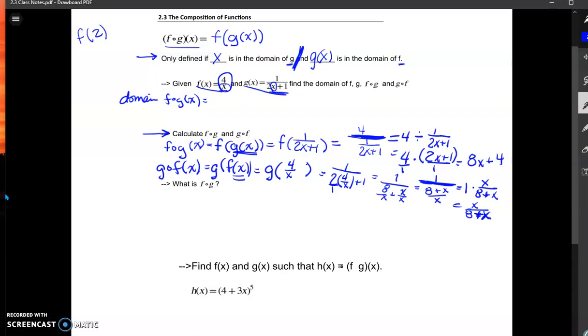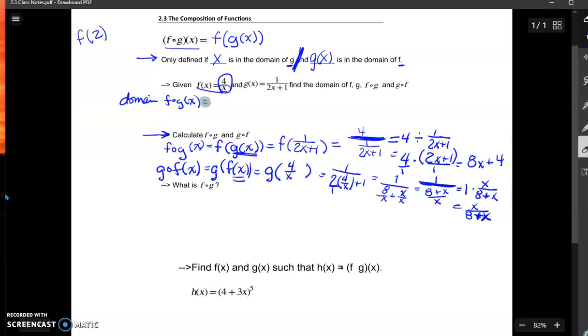So we look at the function g and say, what is the domain? This is review from the last section. Domain of a fraction means that it's the numbers that do not make the denominator 0. I'm going to change this from an equal sign to just kind of saying this is where we're doing our work.